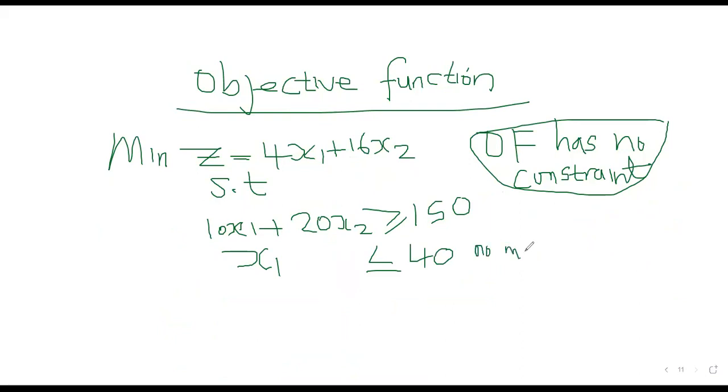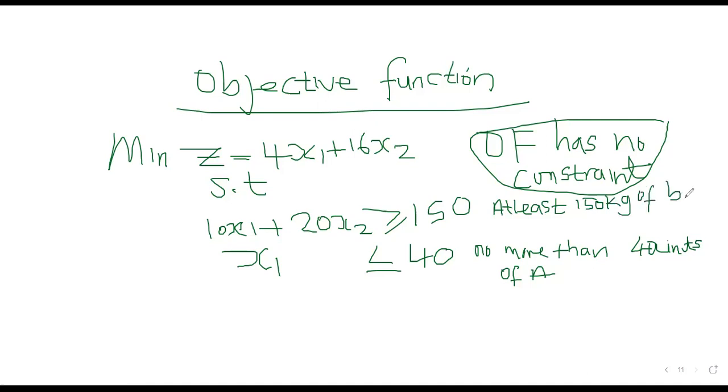No more than 40 units of A. At least 150 units, that is 150 kgs of both materials.